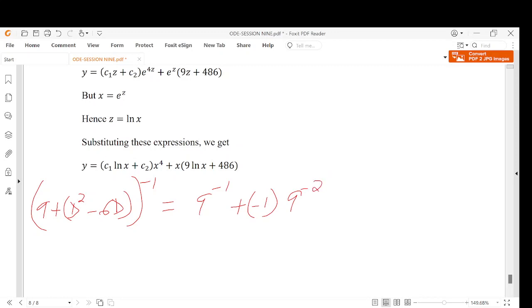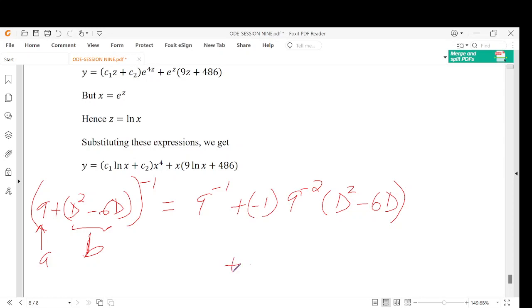Because we are taking our first term here as our a, and the whole of this as our b, we then have D squared minus 6D raised to power 1, sorry, not negative 1. The sum of the powers must always add up to negative 1, so we have minus 2 plus 1, which is minus 1.